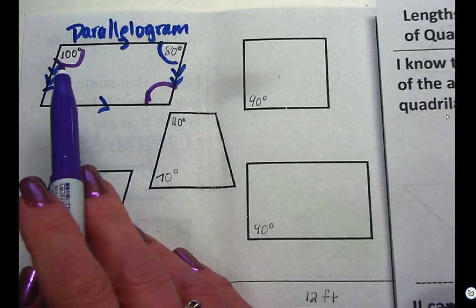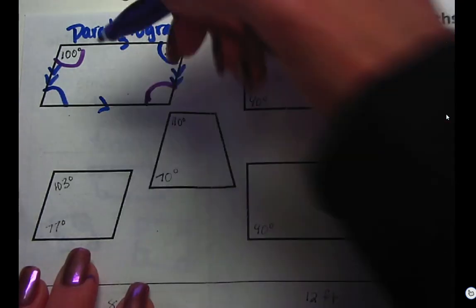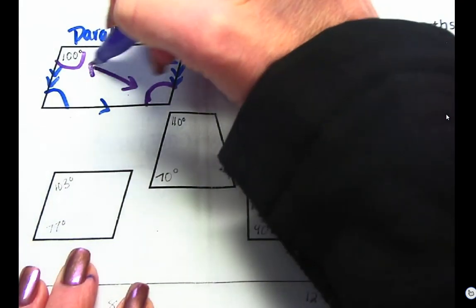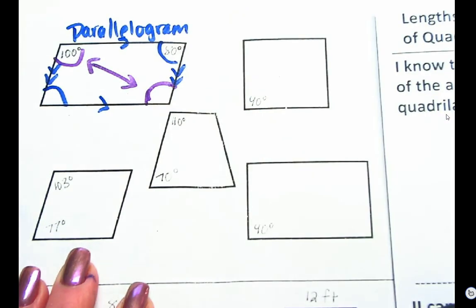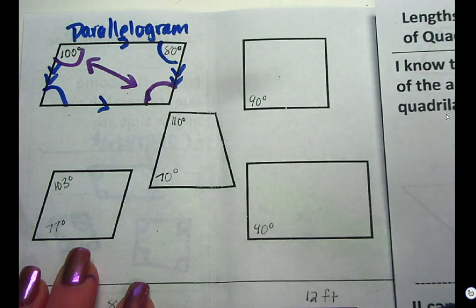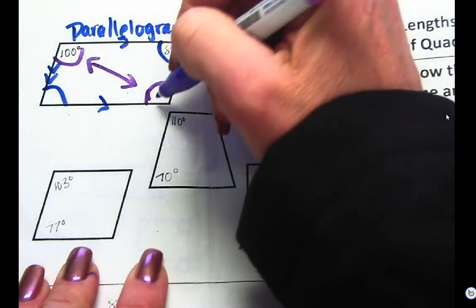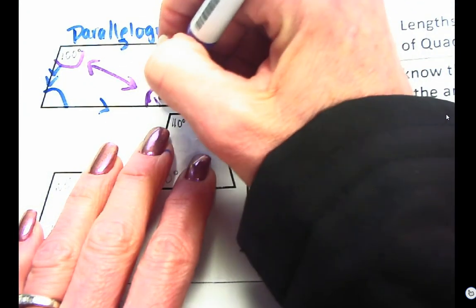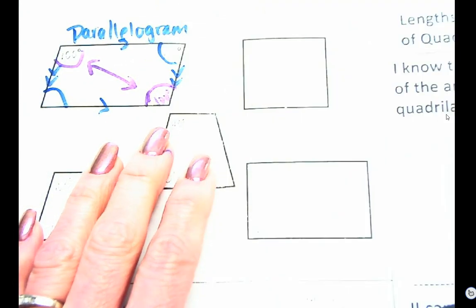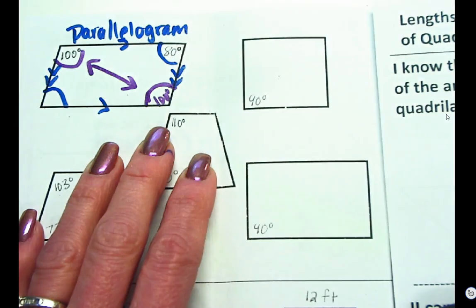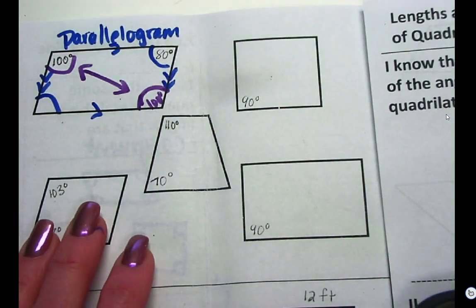You can see that this is labeled 100. The opposite angle to 100 is going to be congruent because we know that's true about parallelograms. So if this angle is 100 degrees, this angle over here is also 100 degrees. Same thing goes with this one here.